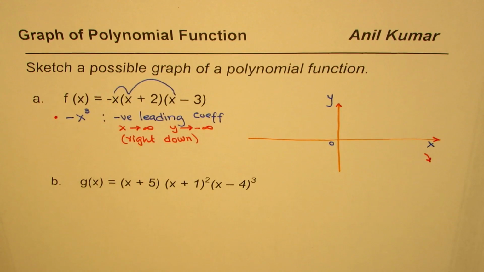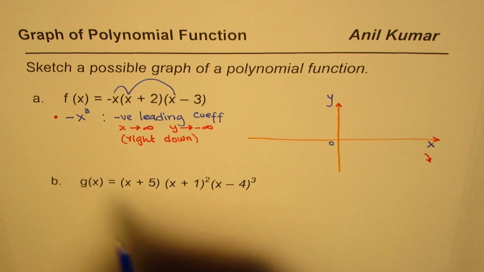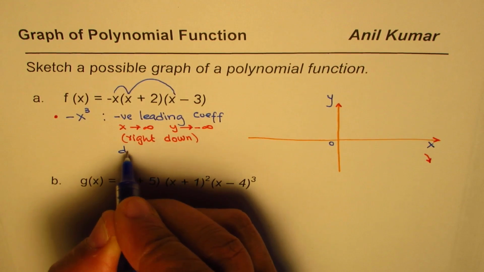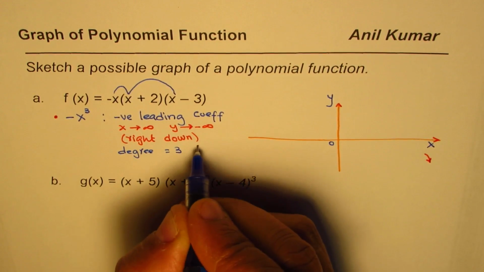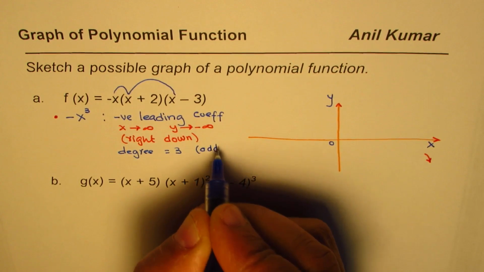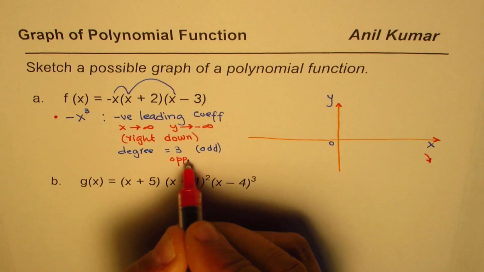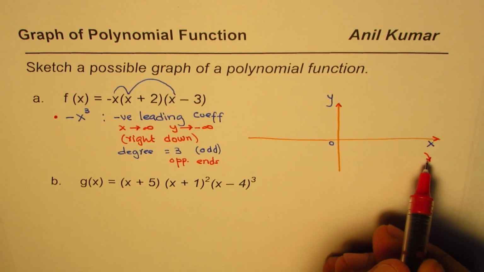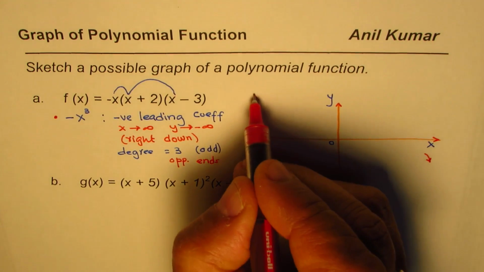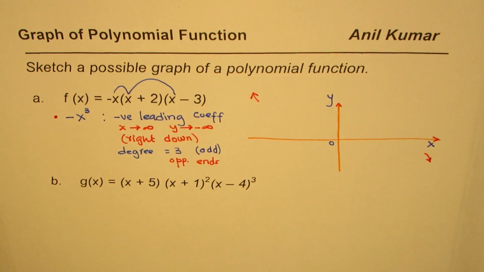Second, we also know it has a degree of 3. That means it is an odd degree. Odd degree for us means opposite ends. We are talking about end behavior. If the right side is going down, then the left side will be going upwards. That is what we mean when we say opposite ends.